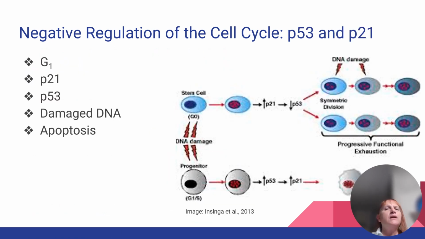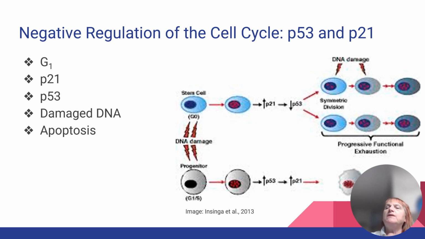So let's talk about negative regulation of the cell cycle from the point of view of P53 and P21. We're going to talk about how they mainly act at the G1 checkpoint, how they deal with damaged DNA, and how they work with apoptosis. The RB, P21, and P53 proteins act mainly at the G1 checkpoint.